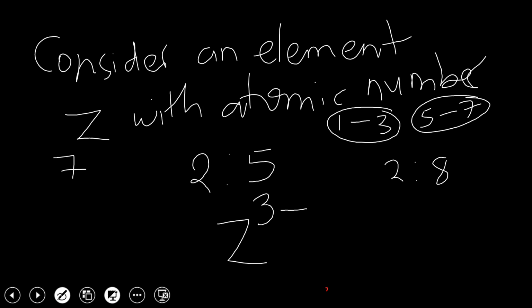Now this negative charge means that this element has excess electrons, has more electrons, and the chemistry term used to refer to that is nucleophilic. Nucleophilic, meaning it has more electrons. If it has fewer electrons, it means it is electrophilic. So that's why we attach negative charges and positive charges on these elements.